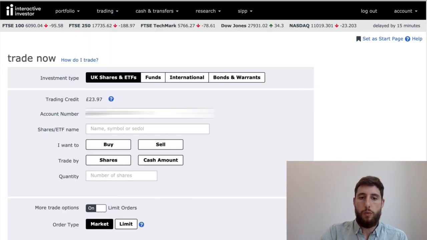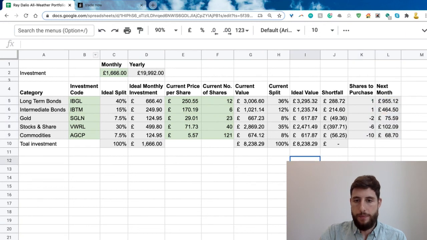Or we can do a one-off trade so that we rebalance that way, okay? And here, this is the information we need to do that.